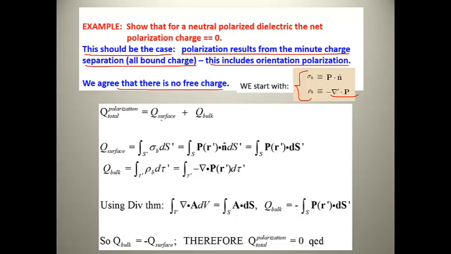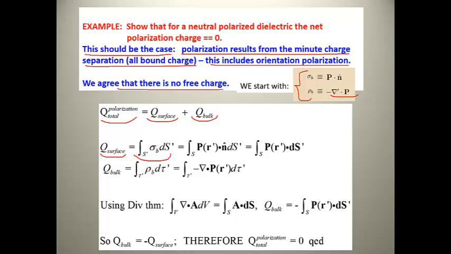Well, here's the result. The net charge due to polarization will be the net charge on the surface plus the net charge in the bulk. So let's take the surface charge density on the surface of the dielectric and integrate it over the surface. That would be the total charge on the surface.